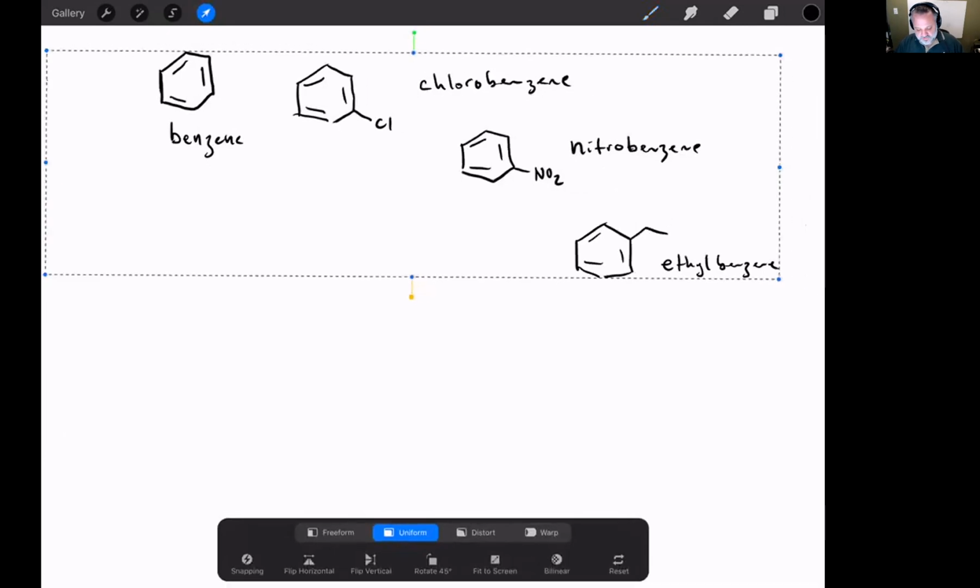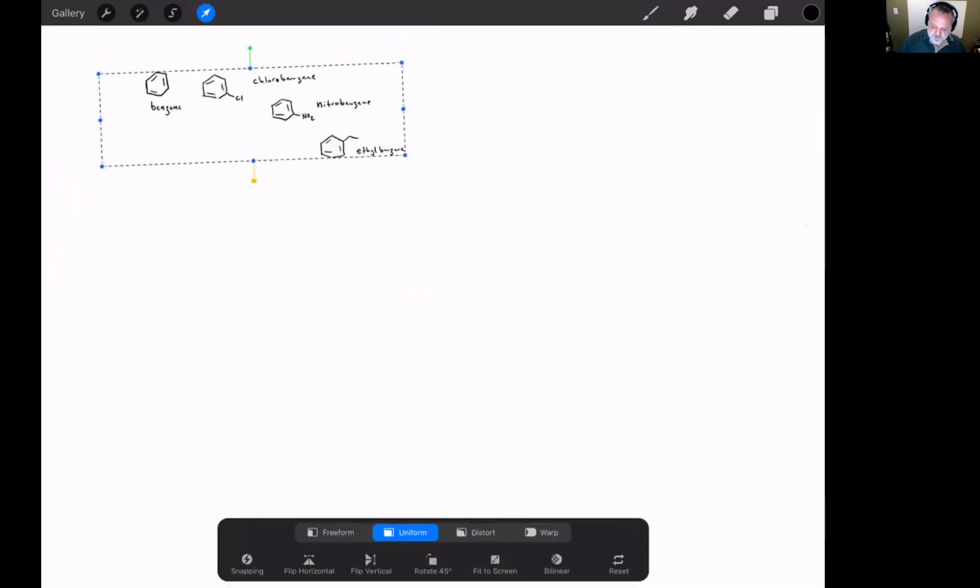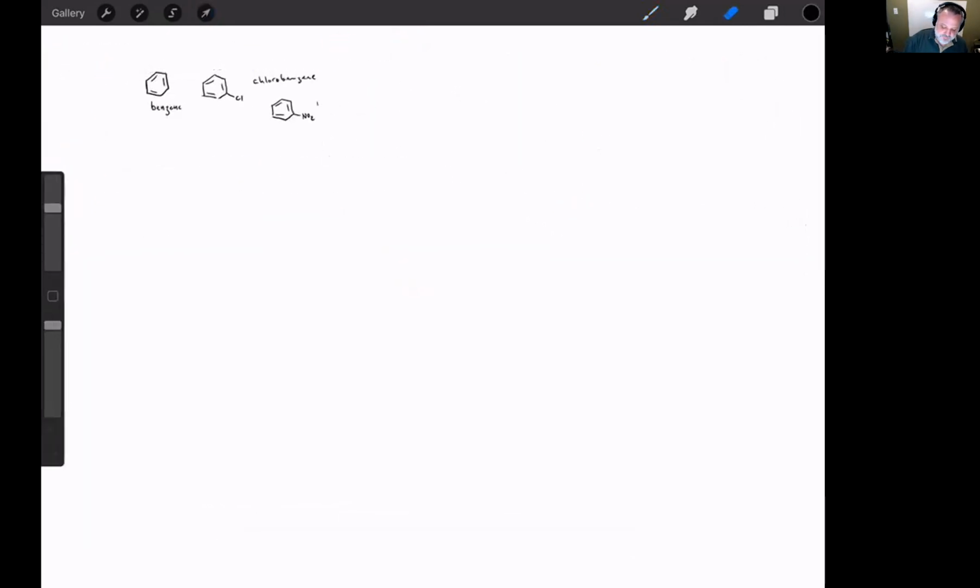However, it turns out that there are quite a few common monosubstituted benzenes that actually just have common names. And this is the one time when I'm really going to get excited about common names. Usually at this point, you have figured out that I love IUPAC nomenclature for the fact that it's so systematic, and you can rely on that system.